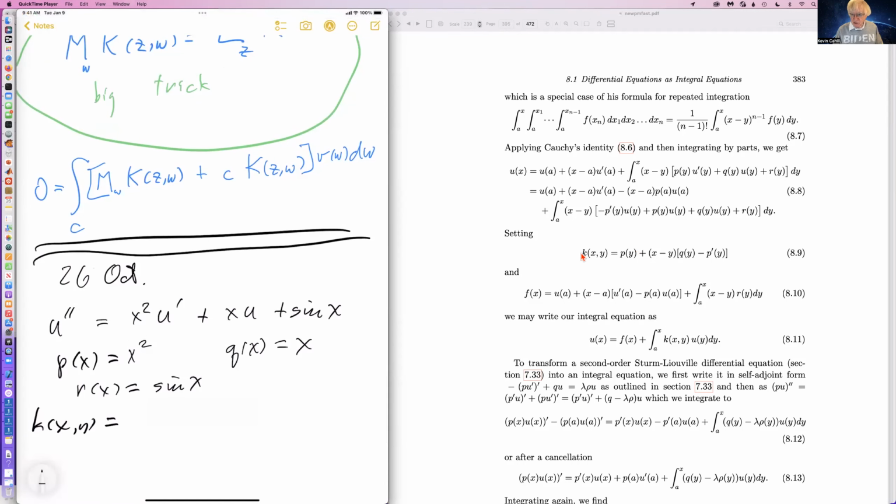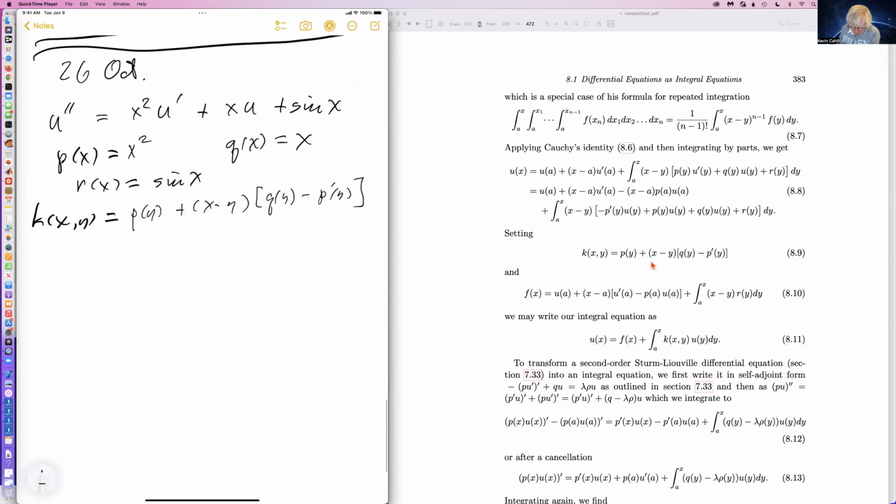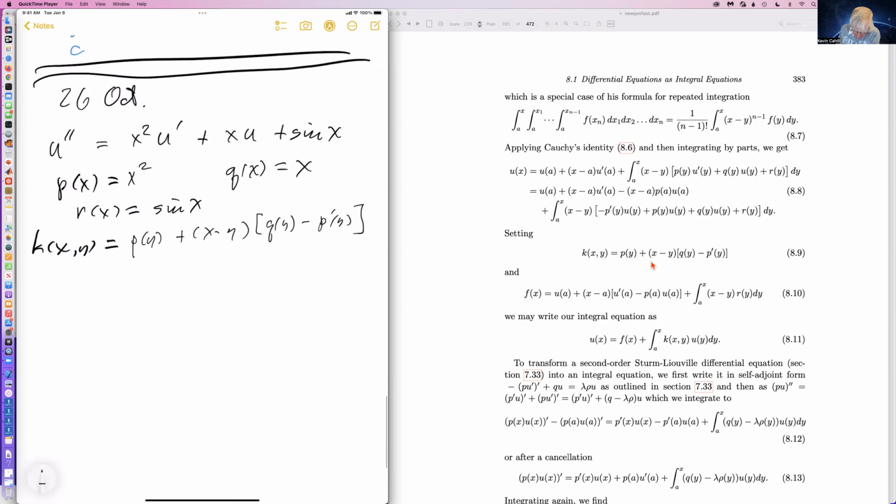And so what we do is we apply this. It's equal to P of y plus x minus y times Q of y minus P prime of y. So as I said, this can be confusing. And so let's just see what it is in this particular case. Well, P of y is y squared.